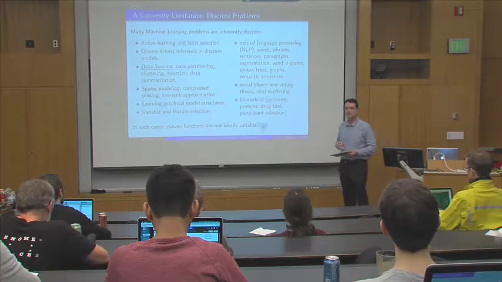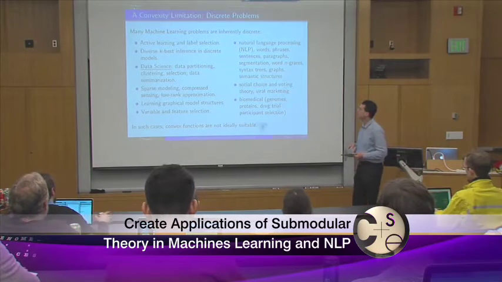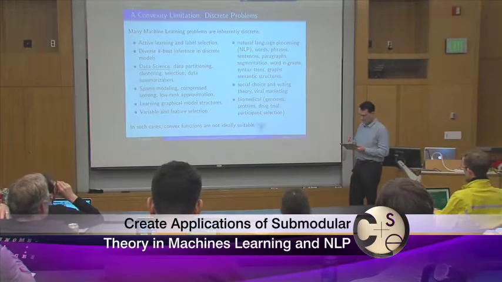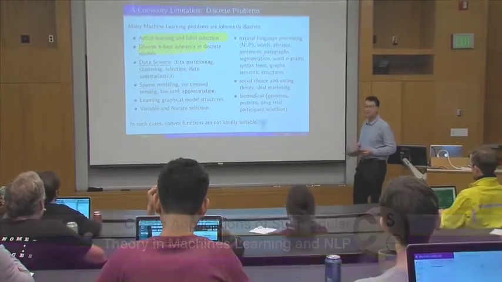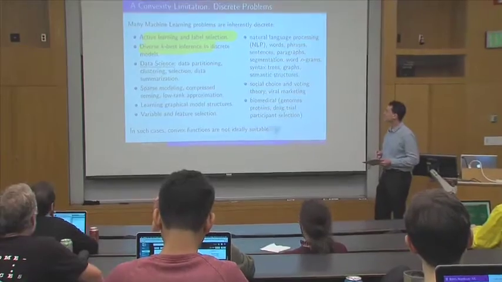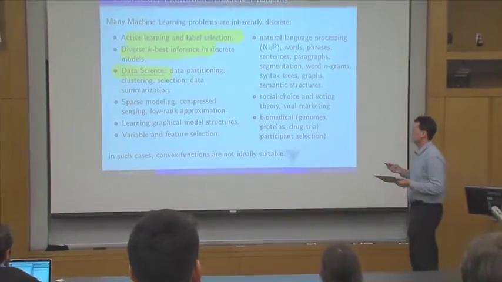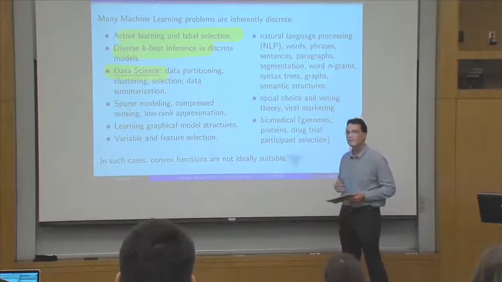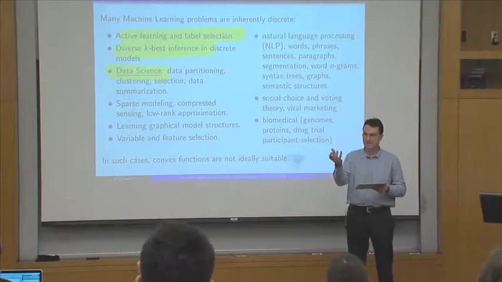In particular, it's not directly applicable to discrete problems. That includes problems like active learning and label selection, maybe diverse k-best inference, and discrete probabilistic inference. There's also the whole area of machine learning which is maybe called data science. A large part of data science is dealing with and managing data, where the data are basically discrete items.